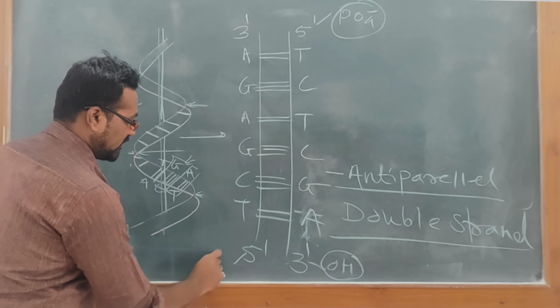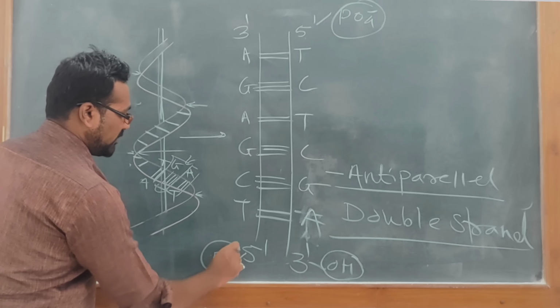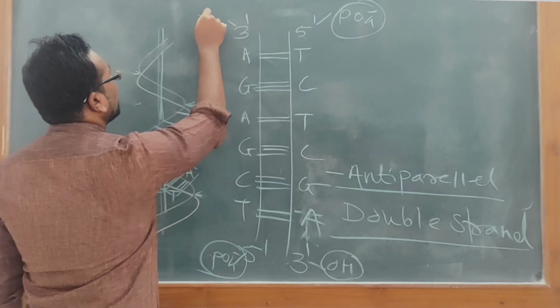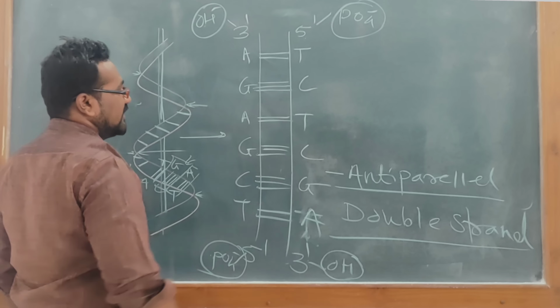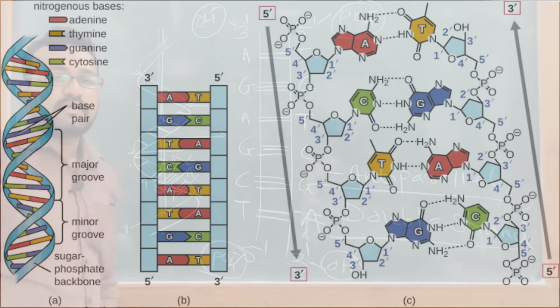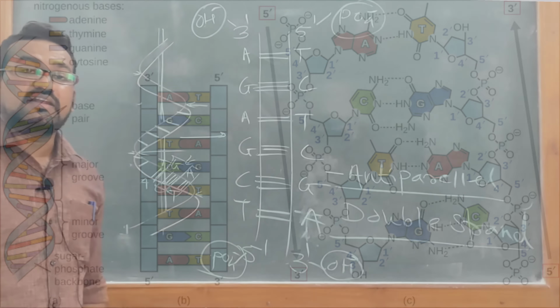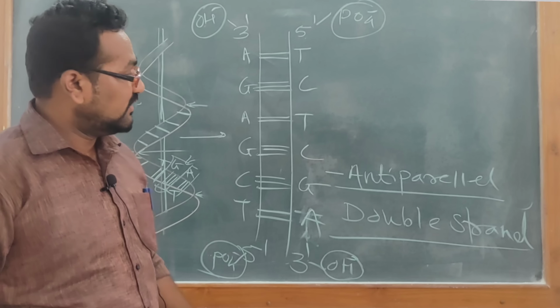Same scenario here, PO4 minus phosphate group at 5 prime end and 3 prime end contain hydroxyl group. So it is partial negative charge, you don't have to highlight every time. Okay, remember here. So hydroxyl group and phosphate group are present at 5 prime end and 3 prime end. So that's why these strands are denoted as anti-parallel strand.